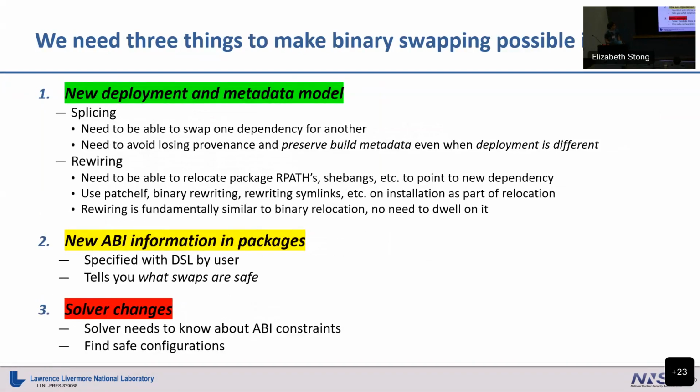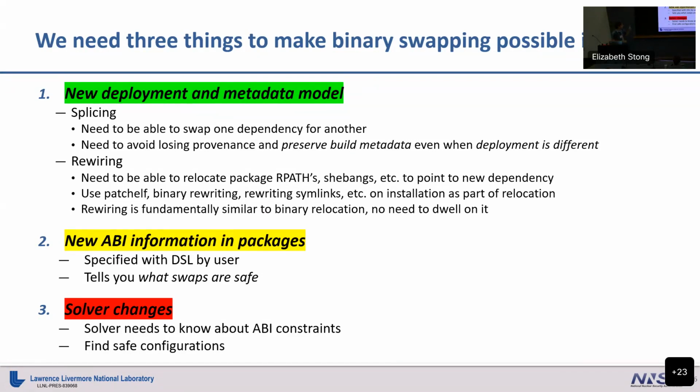So I've color-coded based on where these things stand. We have a new deployment and metadata model in Spack. We'll talk about splicing and rewiring. Splicing is the model operation of taking a DAG of a dependency graph and swapping in different components to change that dependency relationship.